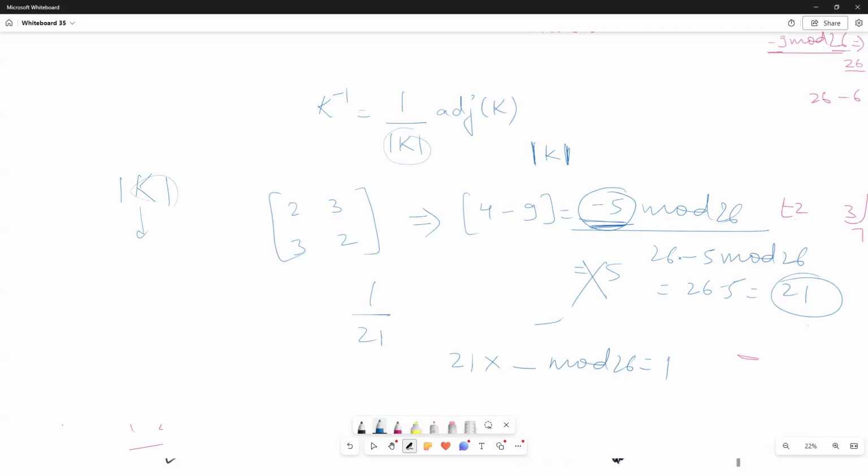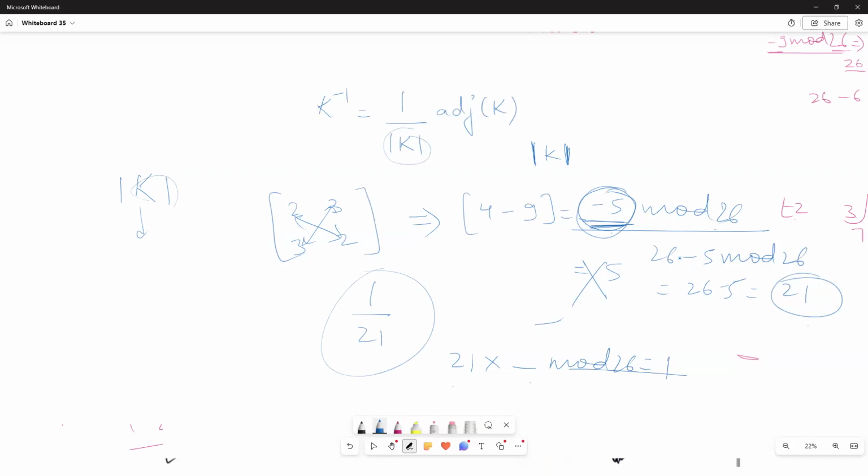It is the same value you get by multiplying the diagonal elements, which is 2 times 2 minus 3 times 3, which turns out to be negative 5. That means you have to do negative 5 mod 26 in order to compute the value, which is 1 over 21. So what should I multiply with 21 in order to get 1?